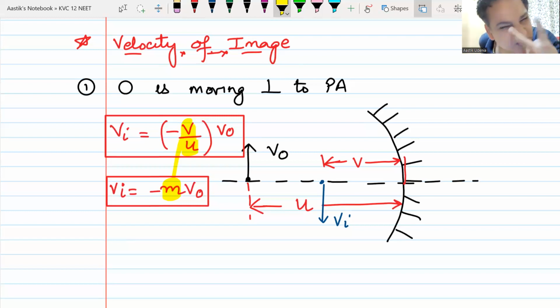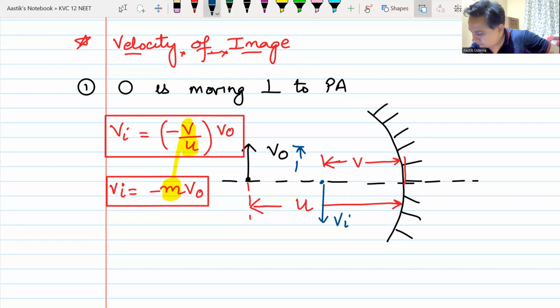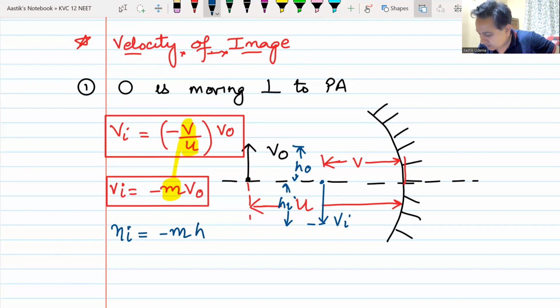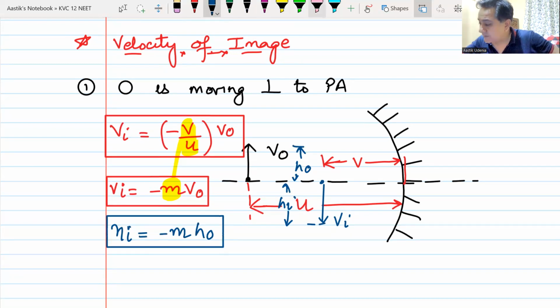And if you look very closely, this is the height of the object, and this is the height of the image. So basically this formula is simply height of the image is minus M times height of the object. It is derived from the same principle.